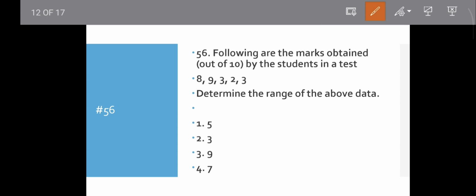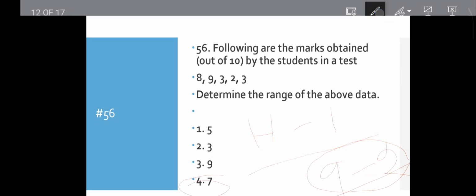This is the formula for obtaining the range. Highest score is 9 minus lowest score is 2. The range will be 7. Move to the next question.